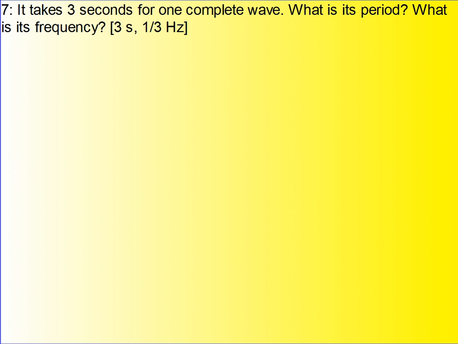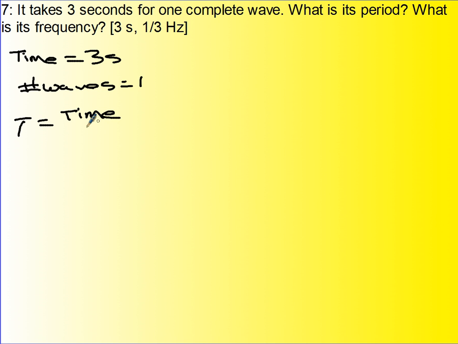Now it takes 3 seconds for one complete wave. So the total time is 3 seconds, and the number of waves is 1. What's the period and the frequency? Remember, the period is the total time divided by the number of waves.